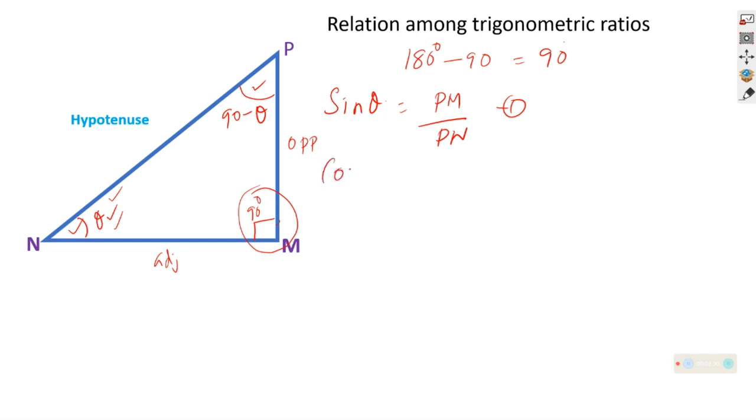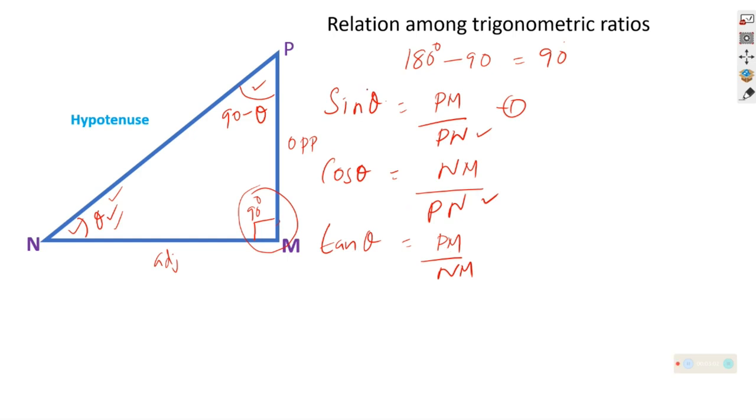Then cos theta is adjacent side upon hypotenuse: adjacent side is Nm here and hypotenuse is Pn, the same. Tan theta, the tangent ratio of the angle theta, will be equal to the opposite side upon adjacent side, and opposite side is Pm and adjacent side is Nm. There is no doubt about it.